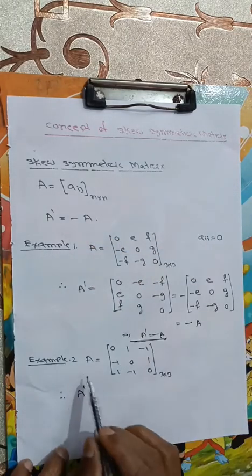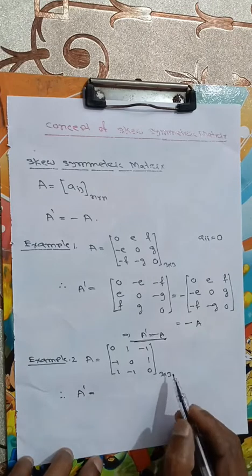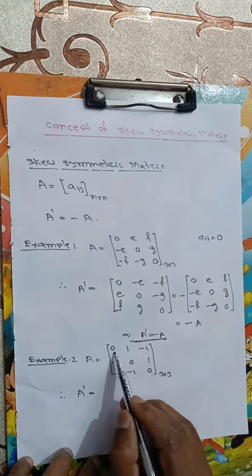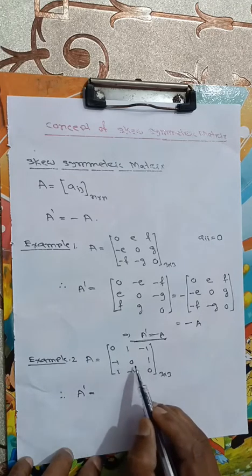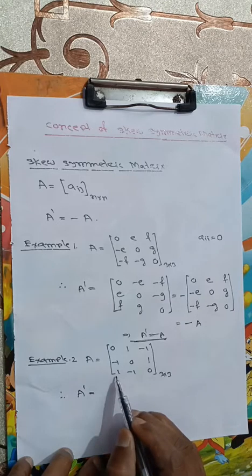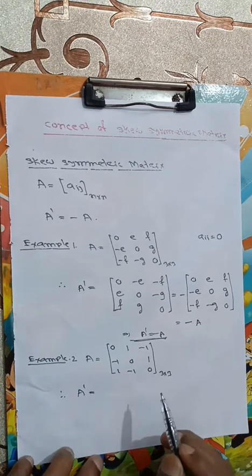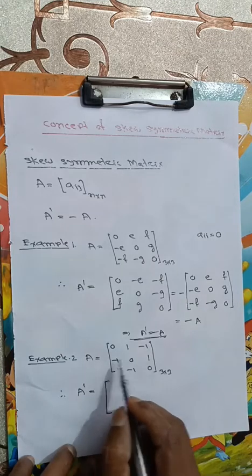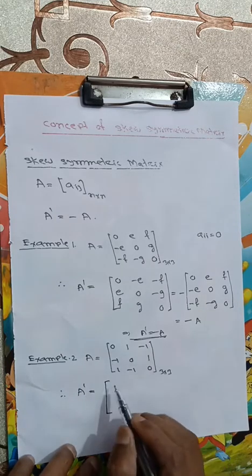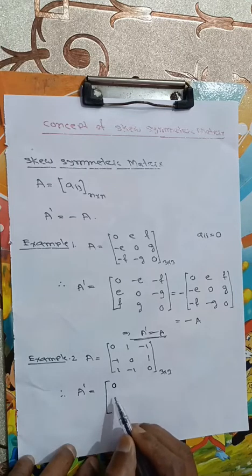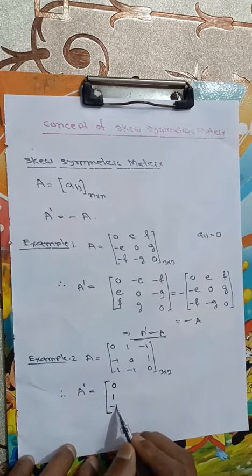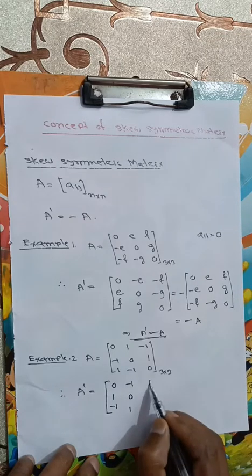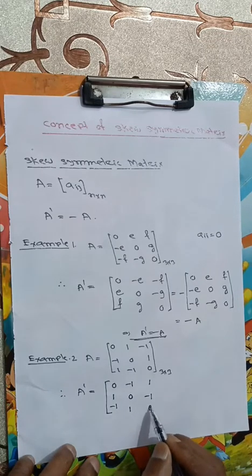Take another example of order 3 into 3. A is a matrix whose elements are 0, 1, minus 1, minus 1, 0, 1, and the third row 1, minus 1, 0. If we find A dash, then we interchange the rows to columns. Then we get 0, minus 1, 1, 1, 0, minus 1, minus 1, 1, 0.